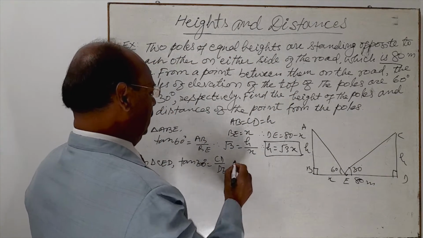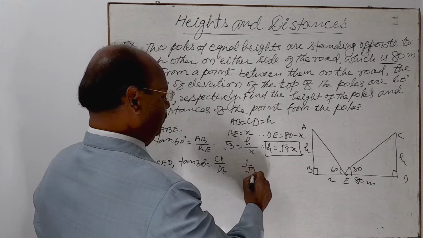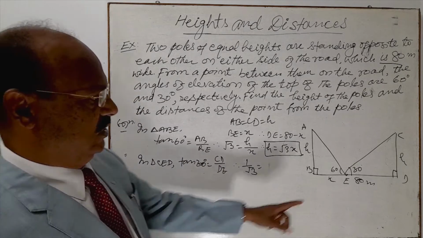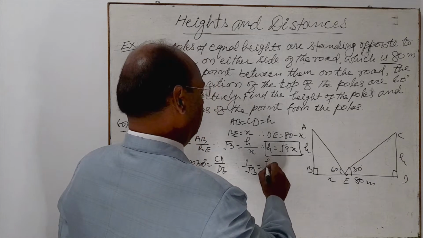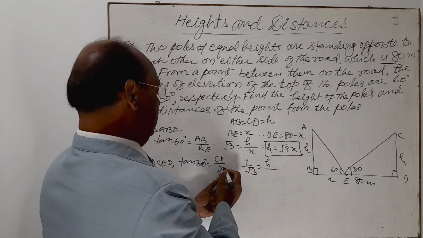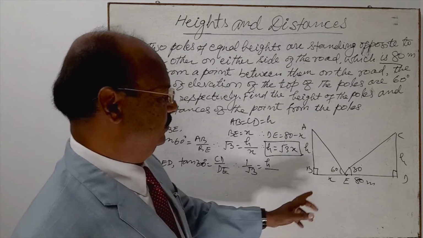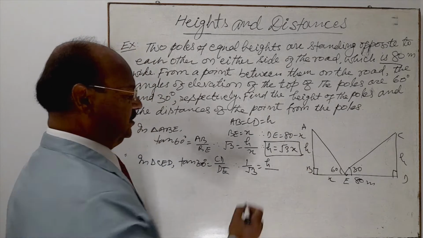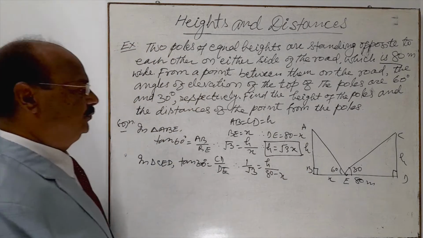And therefore, tan 30 is 1 by root 3. So 1 by root 3 is equal to CD. CD is height of pole, that is H. And DE we have supposed how much? 80 minus X. DE is 80 minus X.